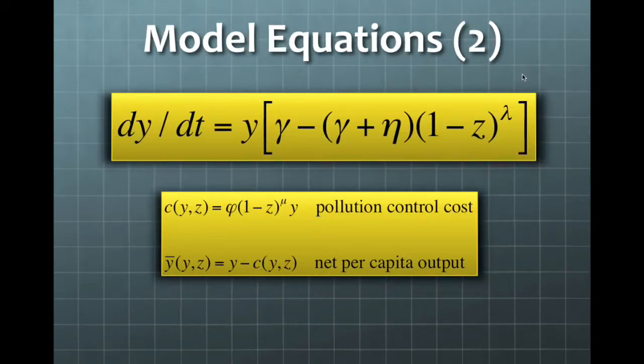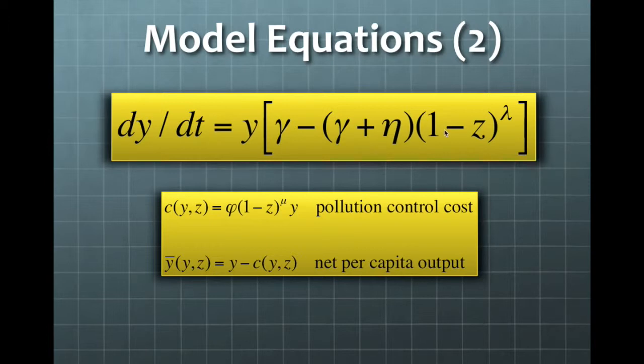Let's take a look at the equations for the next stock. The next stock is Y, the production, the per capita output. Again, the time rate of change of per capita output is driven by the capital output, Y itself, and then a function here.